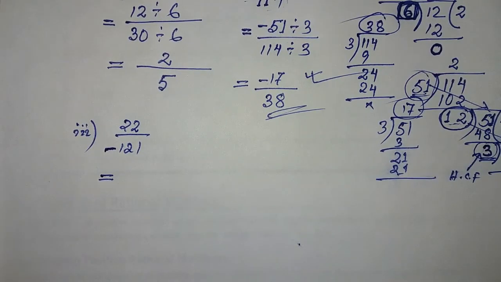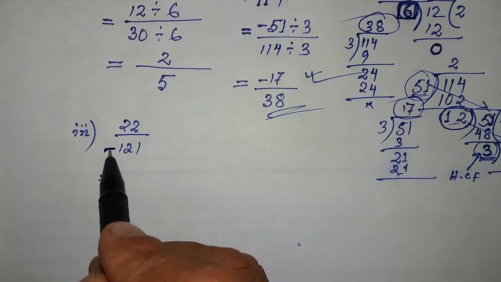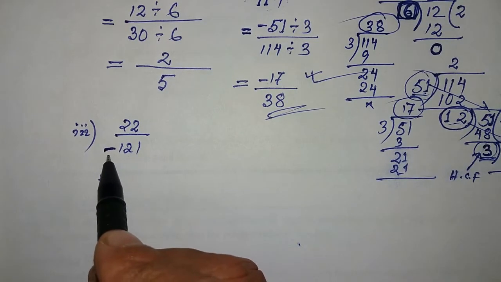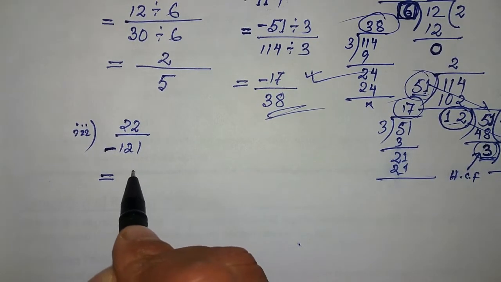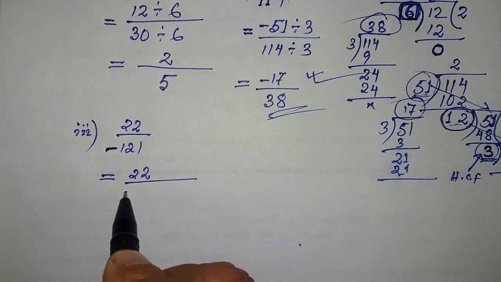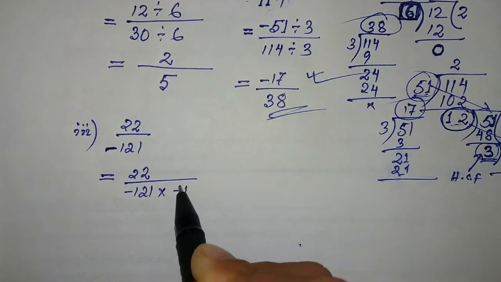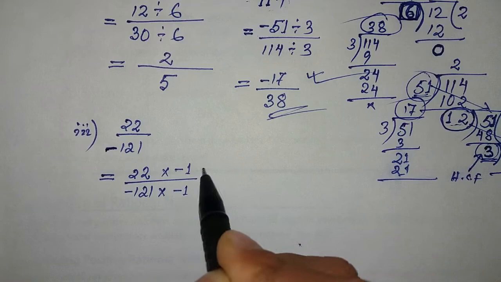There should not be minus in the denominator. Denominator should be always positive. So in order to change this minus to plus, what you will do is you will multiply both numerator and denominator by minus 1.